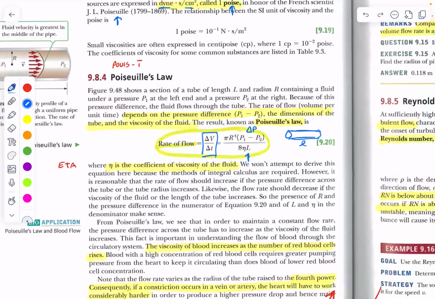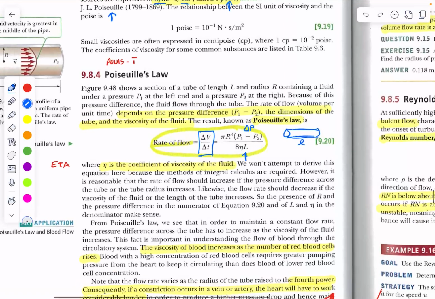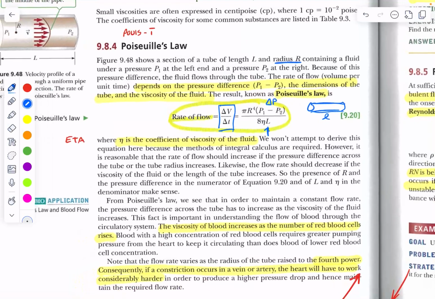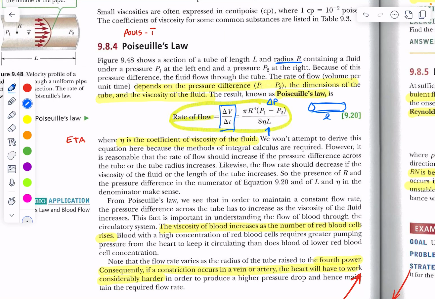I'm looking to see if I've cut the radius R, yeah, there it is. It's also going to depend upon the radius R. Often we have the lowercase r for that, but I'm using the capital letter R for the radius. Obviously, the bigger the tube, if I made my tube a lot bigger, it's going to be easier, and therefore this is going to be proportional.